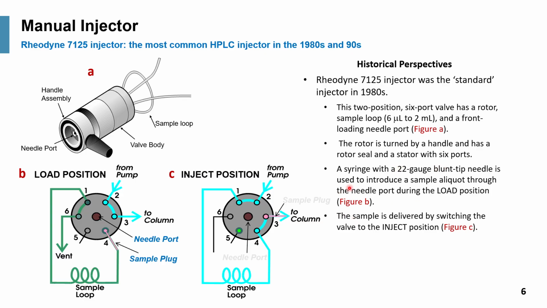A syringe typically used is a 22 gauge blunt tip needle. Okay, you cannot use a sharp needle to introduce a sample aliquot through the needle port during the load position. A sample is delivered by switching the valve to the inject position, figure C.